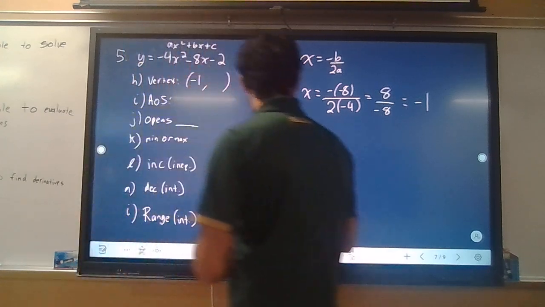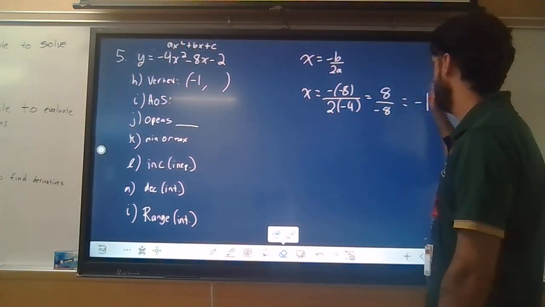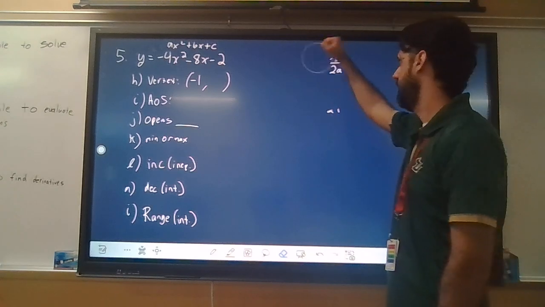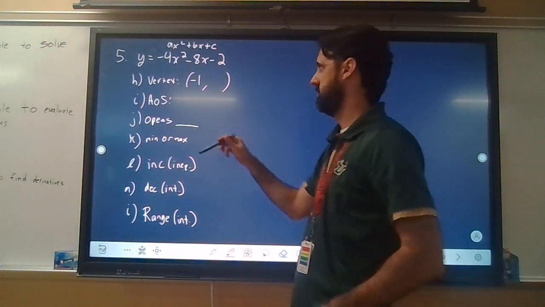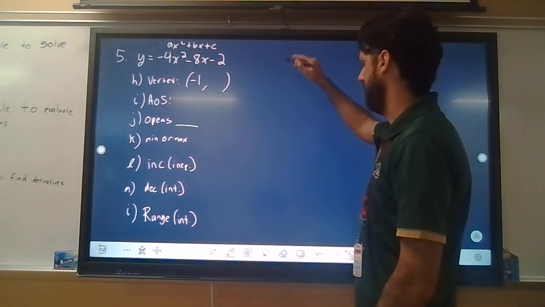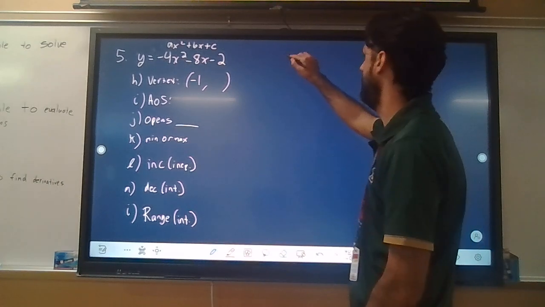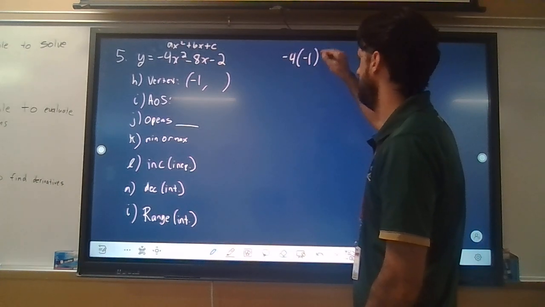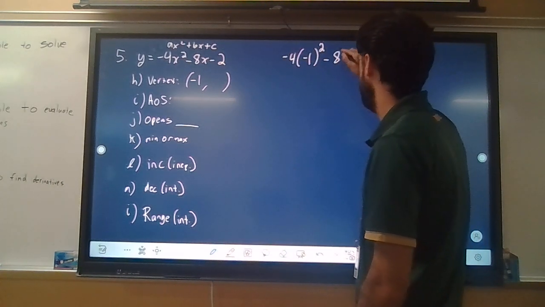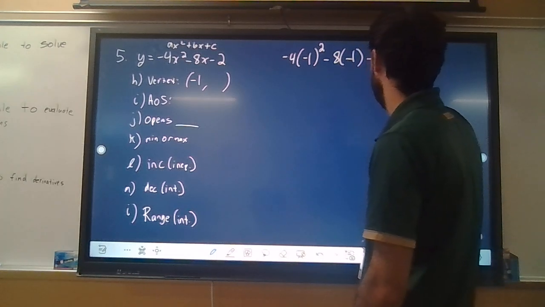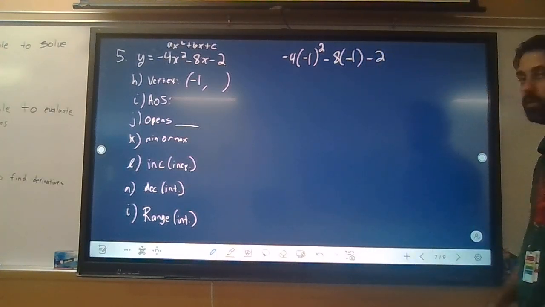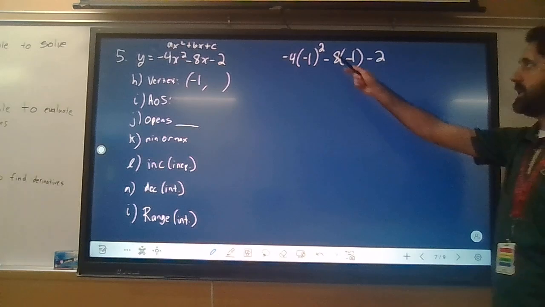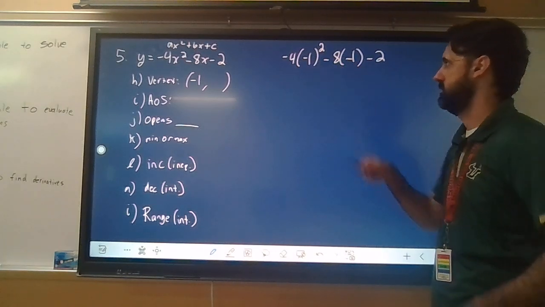To get the y coordinate, we have to now plug that -1 we just got into our equation for x. So I'm going to do that right here. We've got -4 times -1 squared minus 8 times -1 minus 2. Order of operations, we want to do the exponent before we multiply.